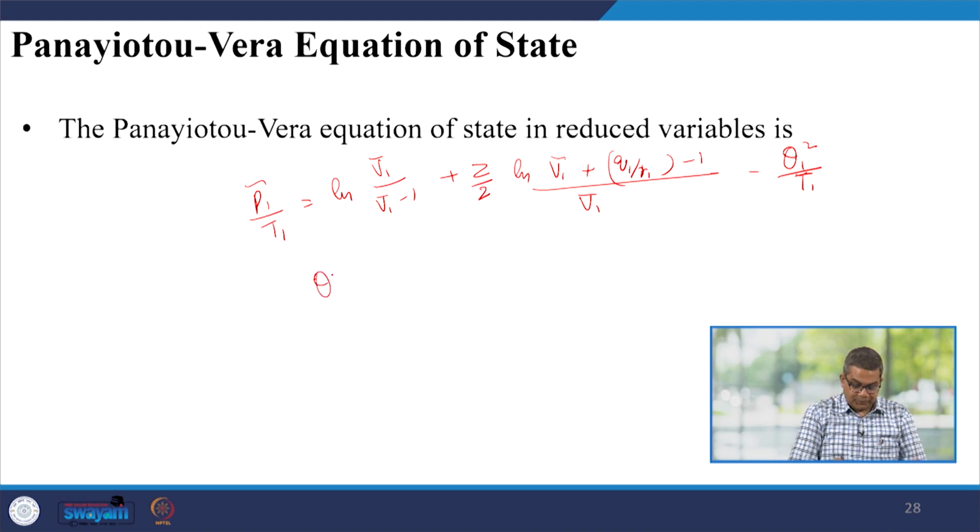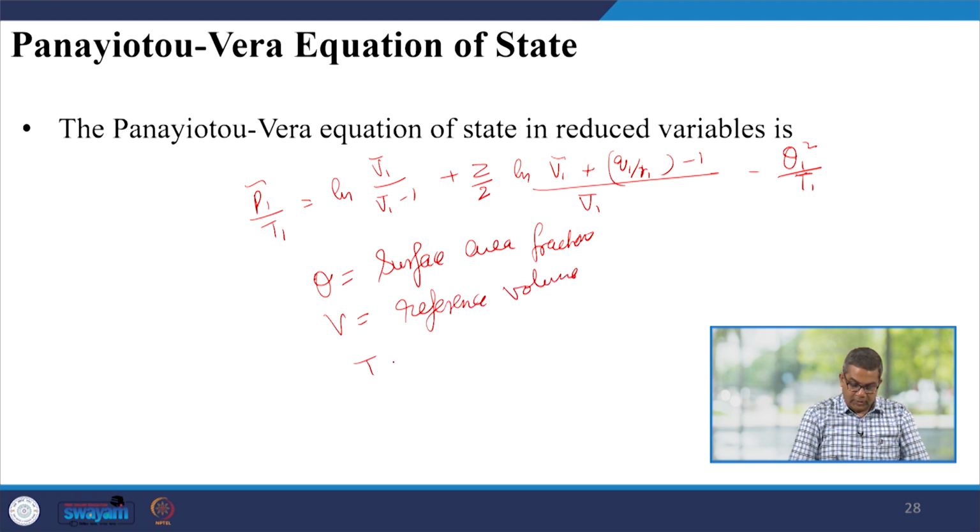Now, theta is the surface area fraction, V is the reference volume, and T is the reference temperature.